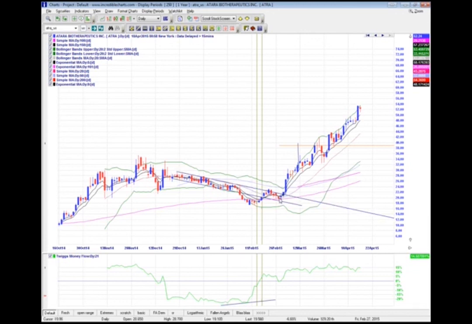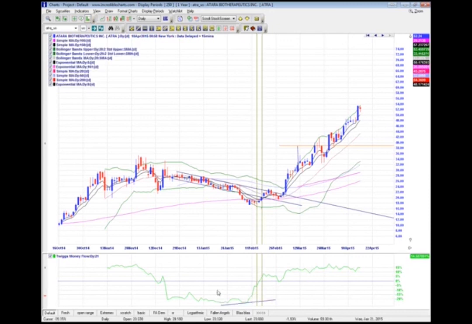It did, and it ran strong. It then created a flag formation, which dictated it should go even higher, which it did. Unfortunately, that's where I got out, at 39. But from 20 to 39, this was an excellent and easy trade.